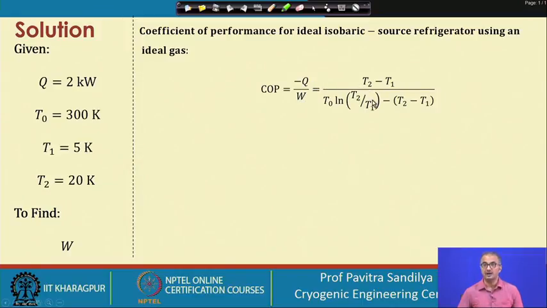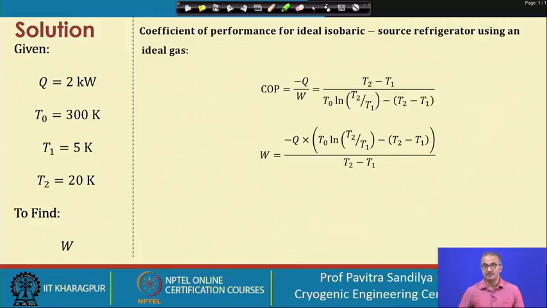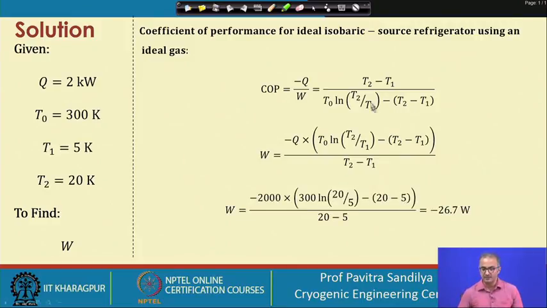For the ideal gas, this is the expression we saw in our lecture, and we plug in these values, and we find the work done for the given value of Q. Here is the sink temperature, and these are the temperatures within which the source temperature is varying. So, we find this is the work done, and the negative sign shows that we are doing work on the system.